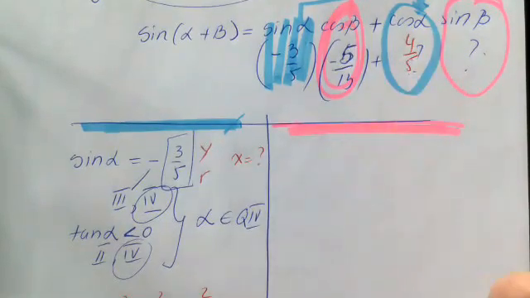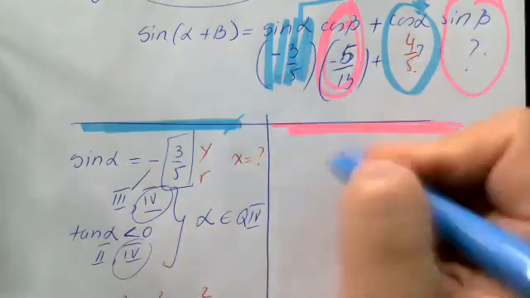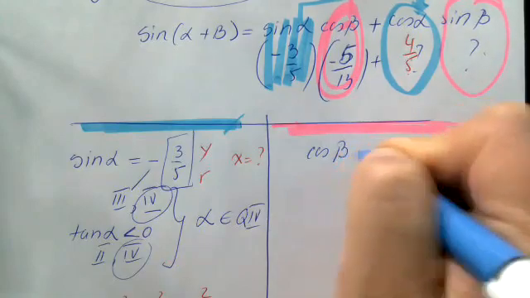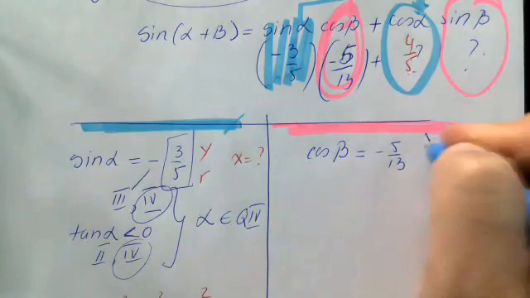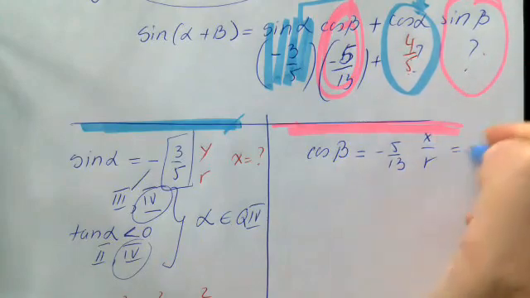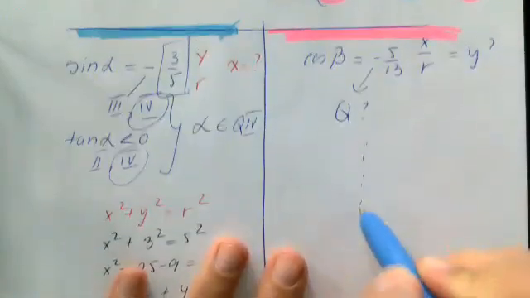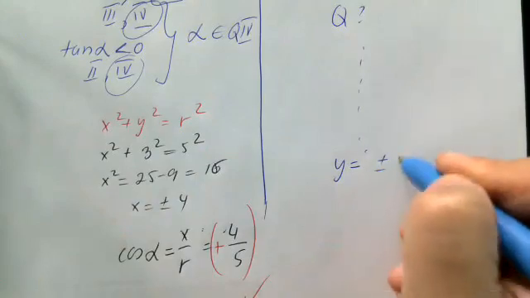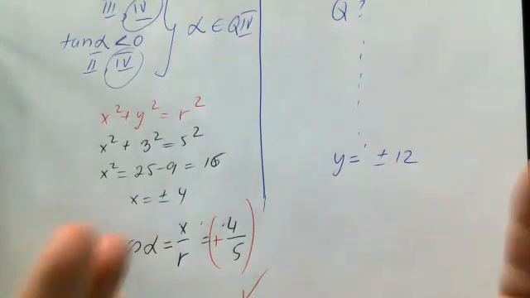For this one, we're going to skip because it takes us a little too long, but you understand what we have to do, right? The same thing, it's already done on the previous page. So cosine of beta equals -5/13. This is x, that's r, find y, identify the quadrant, all the way, find the y value, which was 12 in the previous question, right? It's the same thing because the same givens.